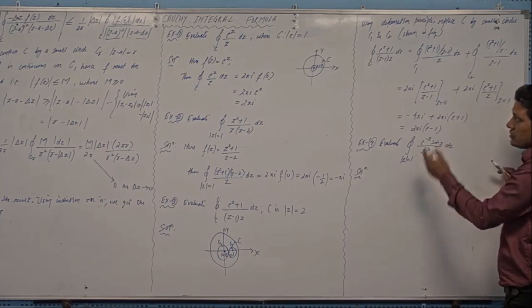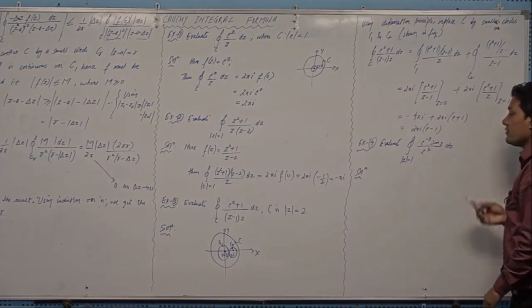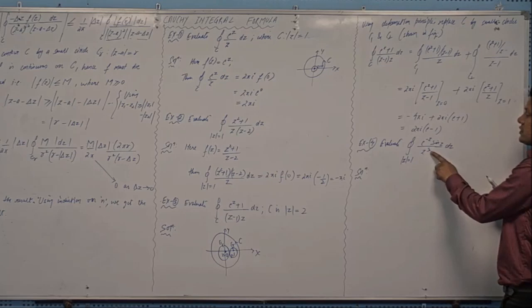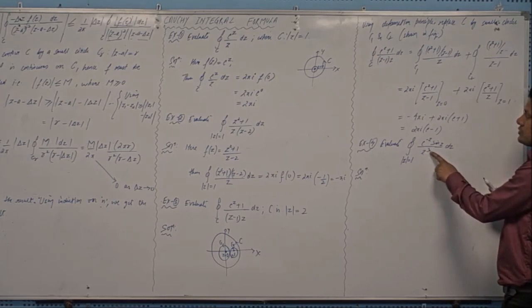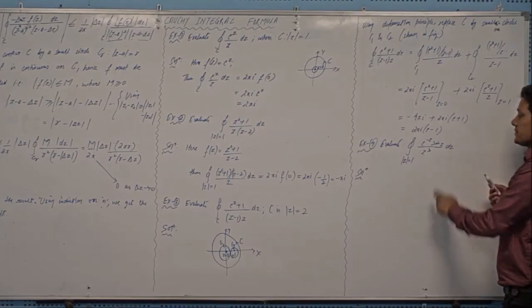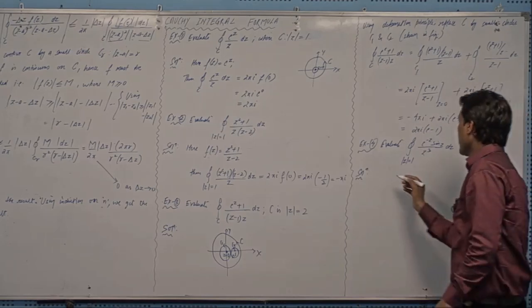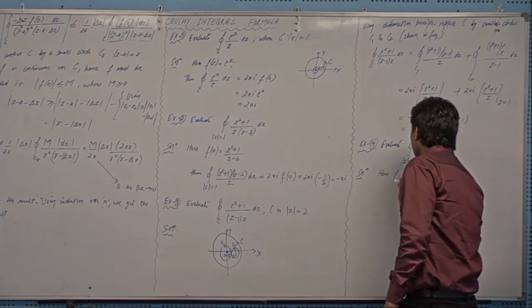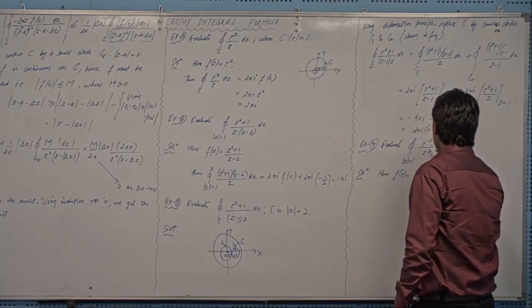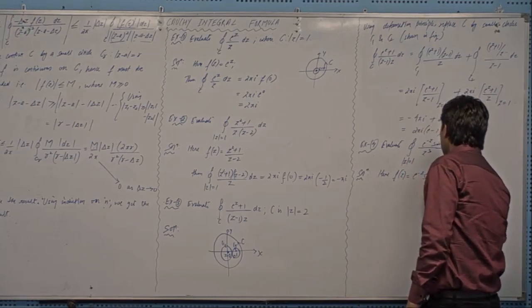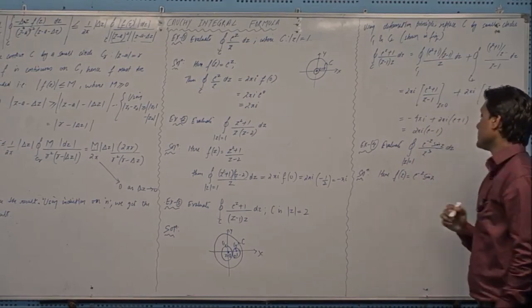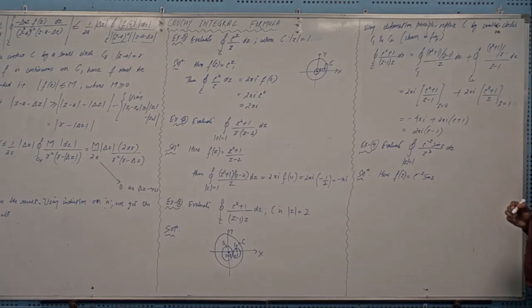So we can apply Cauchy's formula here, and obviously Cauchy's second formula, just see this power z cube. This is of the form z minus a whole to the power n plus 1, right? Okay. Here f(z) equal to how much? e to the power minus z sine z, right? And what do we need?